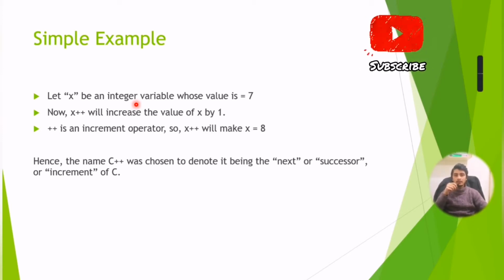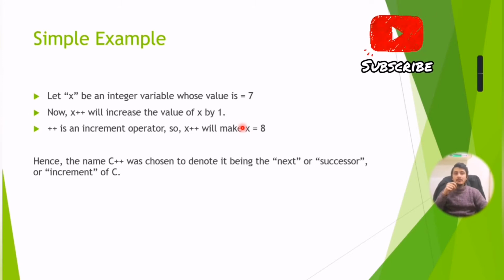Just go through these basics and then you will be at a better level of understanding. So let x be an integer whose value is equal to 7. Now x++ will increase the value of x by 1. ++ is an increment operator, so x++ will make x equal to 8.